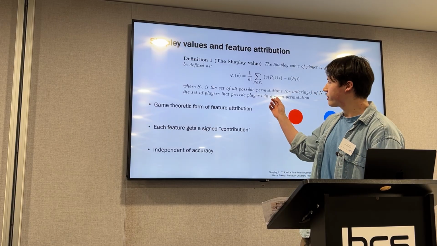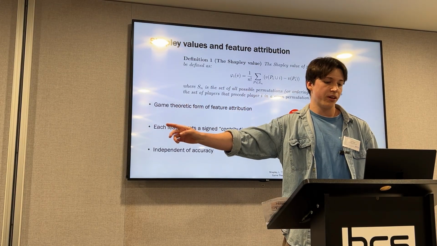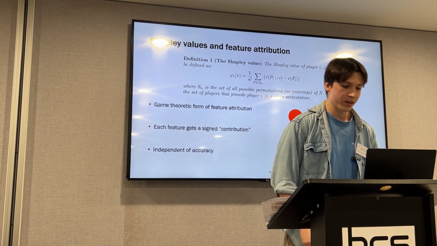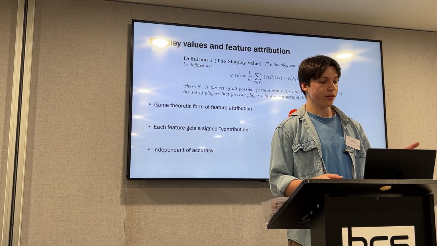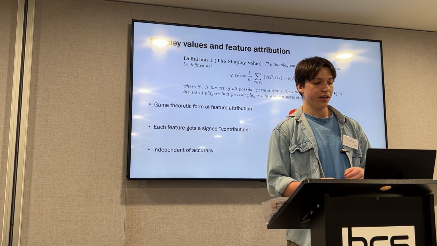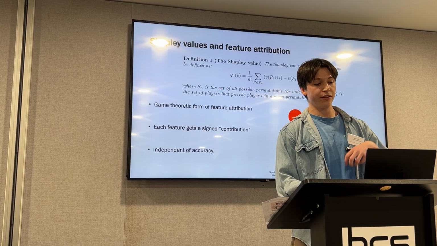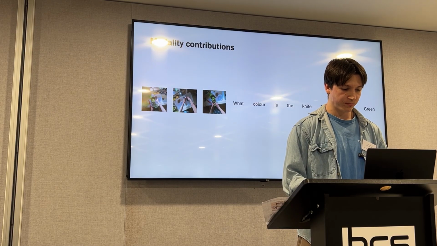In the formula here, we can see we're asking for all possible permutations of your input features, which is intractable, especially with VLMs. So we approximate this by subsampling from the set of permutations, and you approximate the Shapley value, and the more permutations you use, the more accurate your Shapley values are.